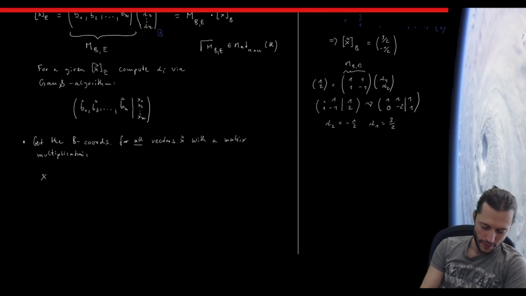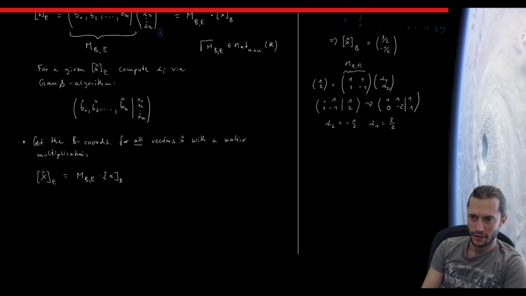Well, let's repeat the same equation we had there all the time. So instead of writing the matrix with the B columns, I'm just using the name MBE. And the vector we put in the B coordinates. So this is actually the other way around. Here you put in B coordinates and you get E coordinates, which is pretty good, but we want to give E coordinates and get B coordinates.